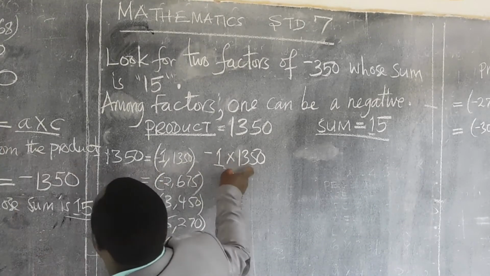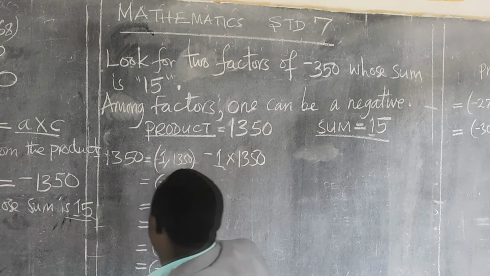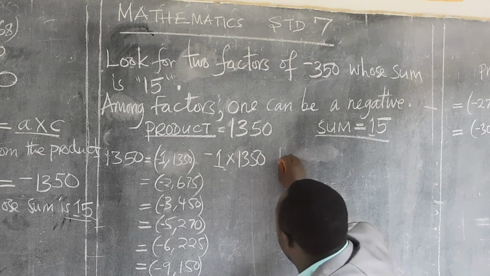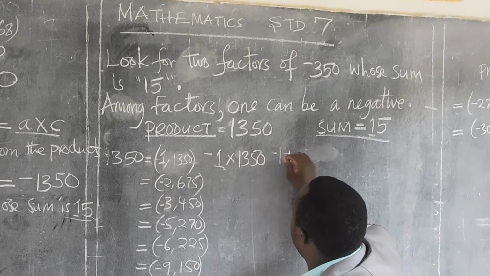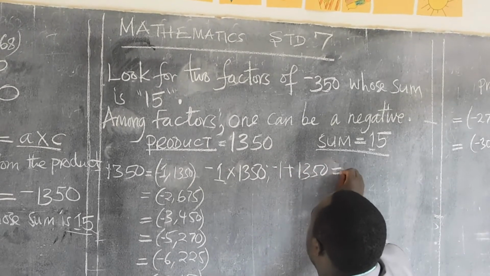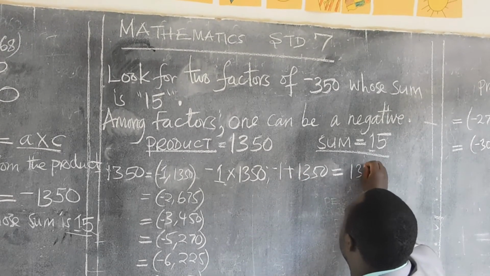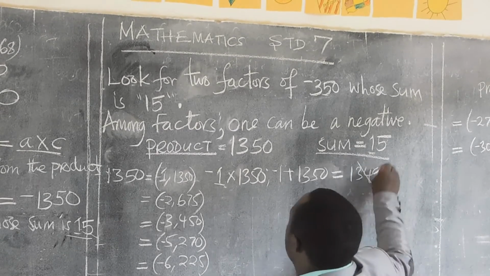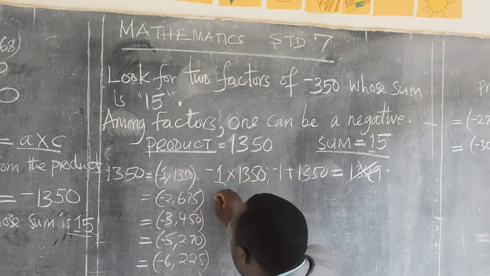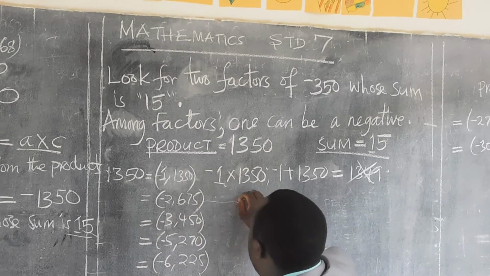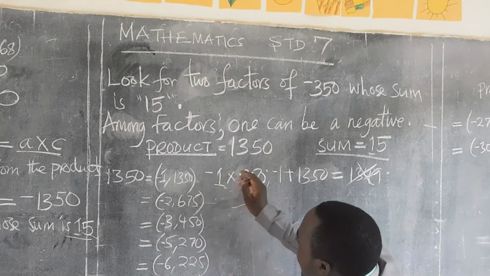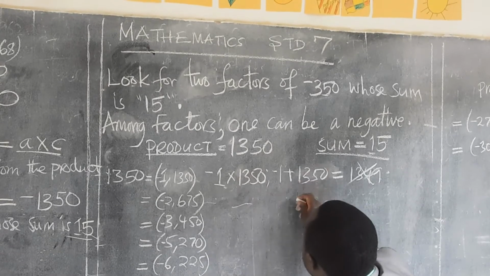So negative 1 plus 1,350 gives 1,349, which is not correct. Here again is the second set. Also, you will get the product, but you can ask, if I add them, do I get the sum 15 here?